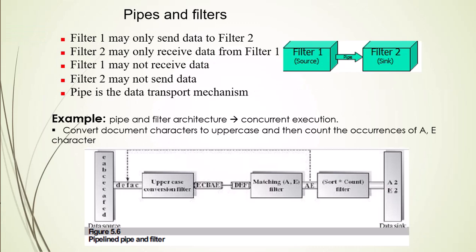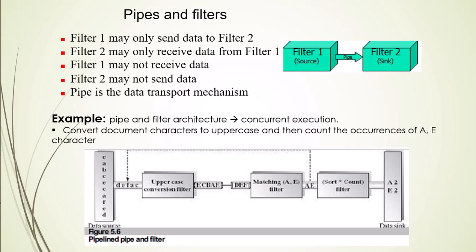In the pipe and filter concept, we have two filters, filter 1 and filter 2. Filter 1 here is a source and filter 2 is a sink. Sink means it will receive data from filter 1 through a pipe. So filter 1 may send data to filter 2, and filter 2 may only receive data from filter 1. Filter 2 can be designed only for receiving data from filter 1, and filter 1 is designed only to send data to filter 2.